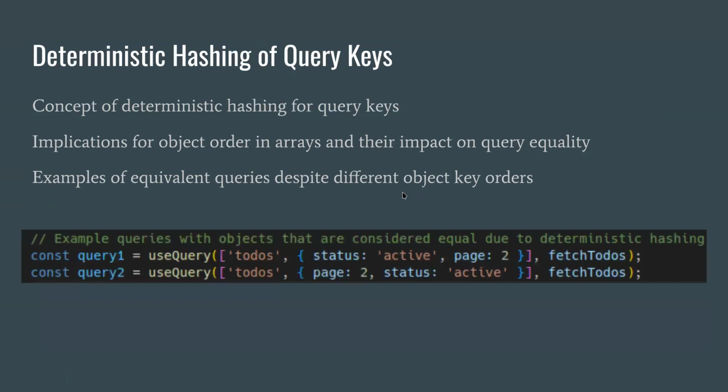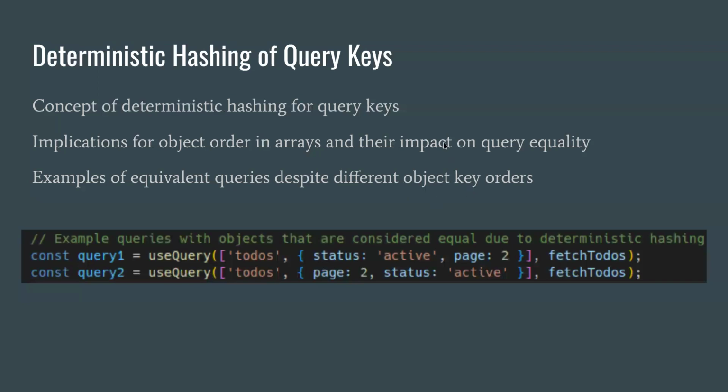Deterministic hashing of query keys. The deterministic approach to hashing query keys is one of the powerful features. What does this mean? This means that even if the order of keys within objects changes, the queries are still considered equal as long as their content remains the same.